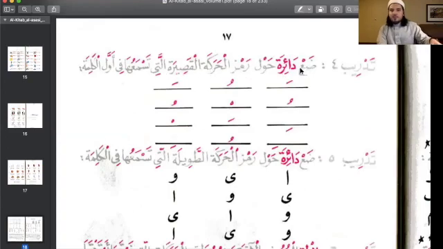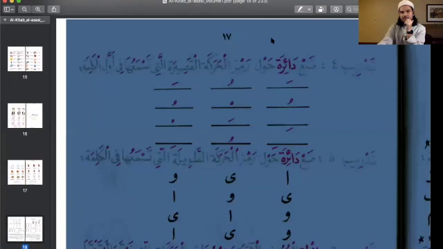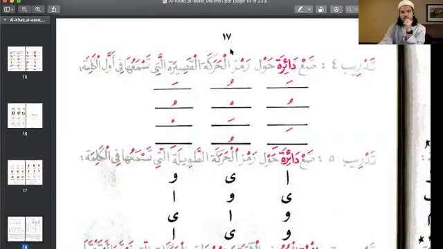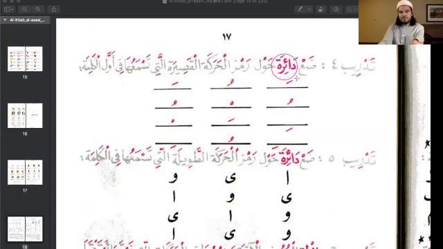So ضع الدائرة. ضع دائرة حول الرمز حركات القصيرة التي تسمعها في أول كلمة. ضع الدائرة. الدائرة هكذا. دائرة حول الرمز الحركة القصيرة التي تسمعها في أول الكلمة.